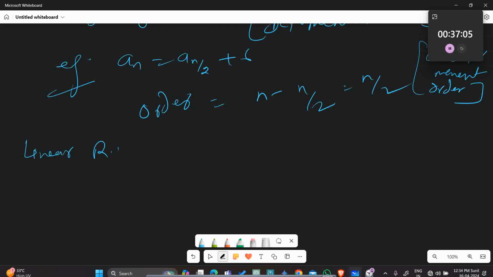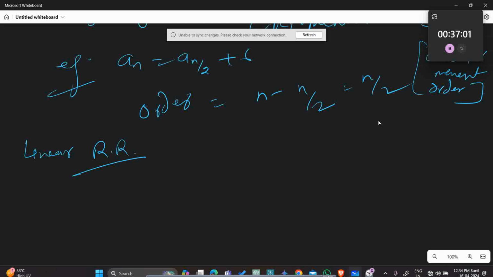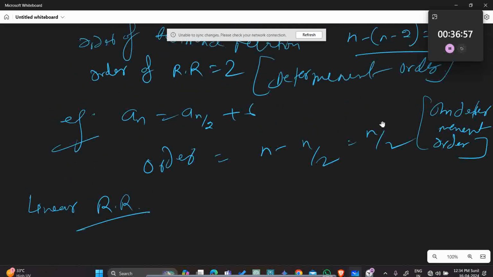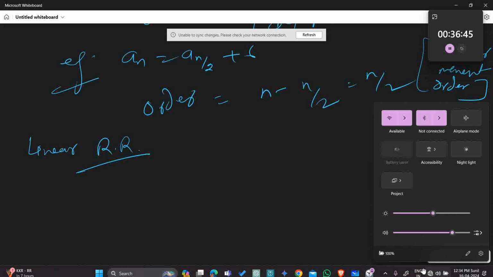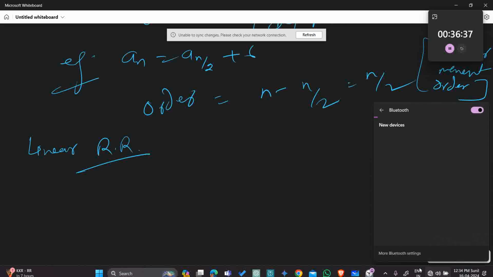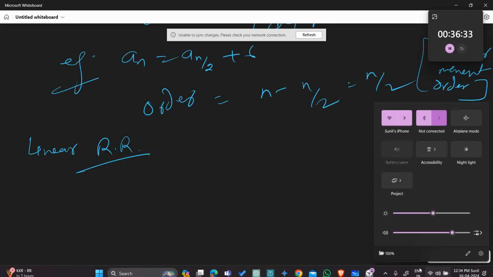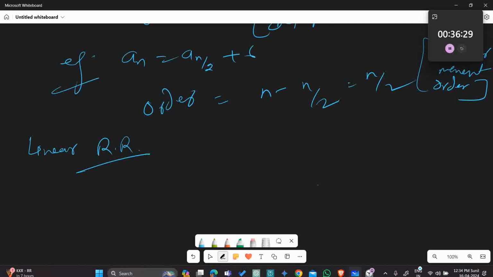Next is linear recurrence relation. In this, the power of a is 1, right?